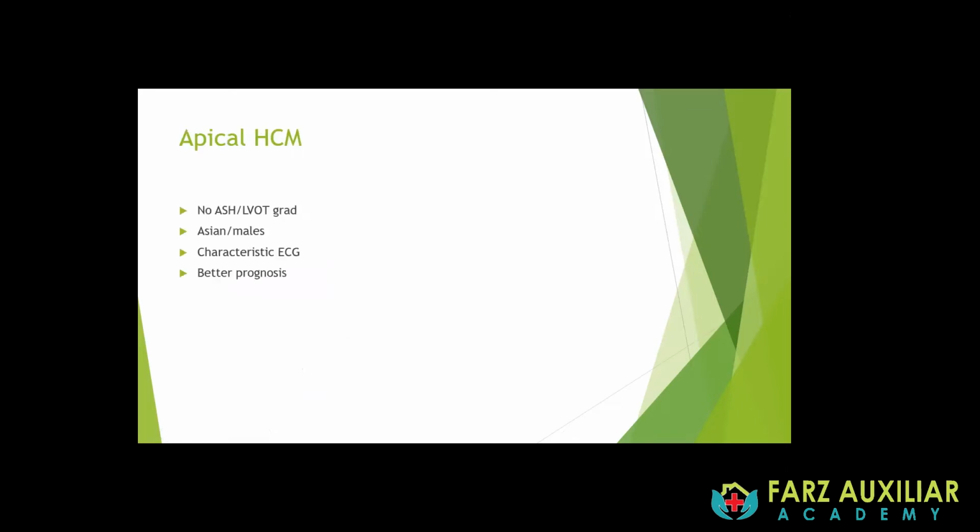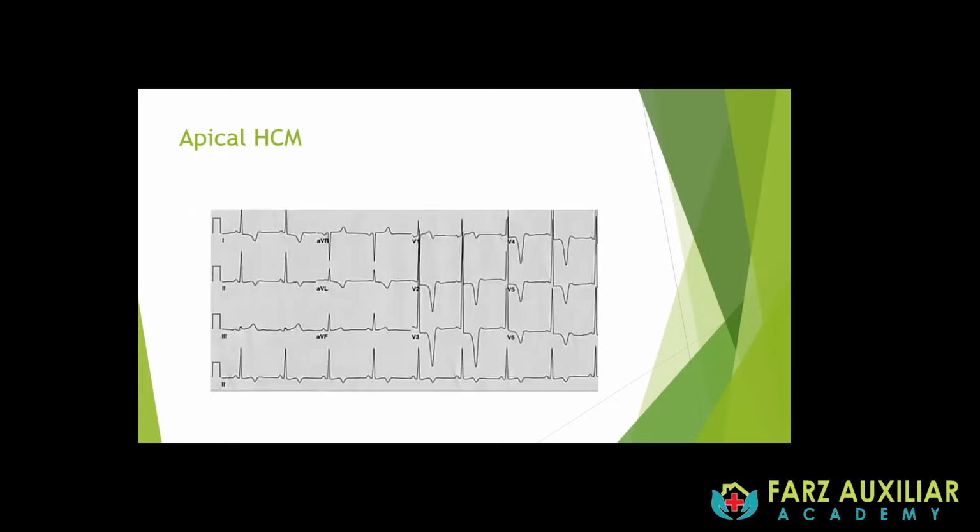Now, apical hypertrophic cardiomyopathy, the question comes in different forms. Sometimes there's an ECG, and the history will be that this patient does not have hypertension, does not have aortic stenosis, but this is the ECG.